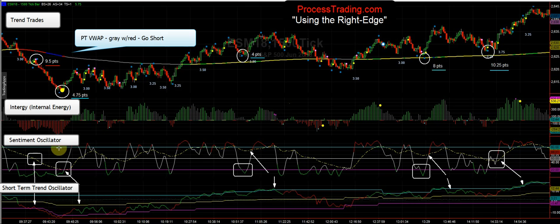So it is these signals down here that allowed us to take the discretionary trade. The discretionary trades are much shorter trades, and we try to employ more of our scalping technique in taking profits on them. So now we've done a trend trade and a discretionary trade.